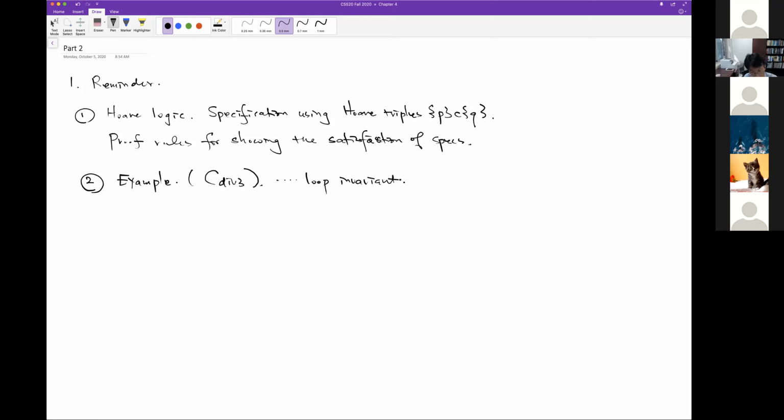And then I pointed out 2 exercises. One exercise is about coming up with a different proof for assignments. The second was proving correctness of 2 programs. One is about factorial, Fibonacci number. The second one was about the Euclid algorithm.